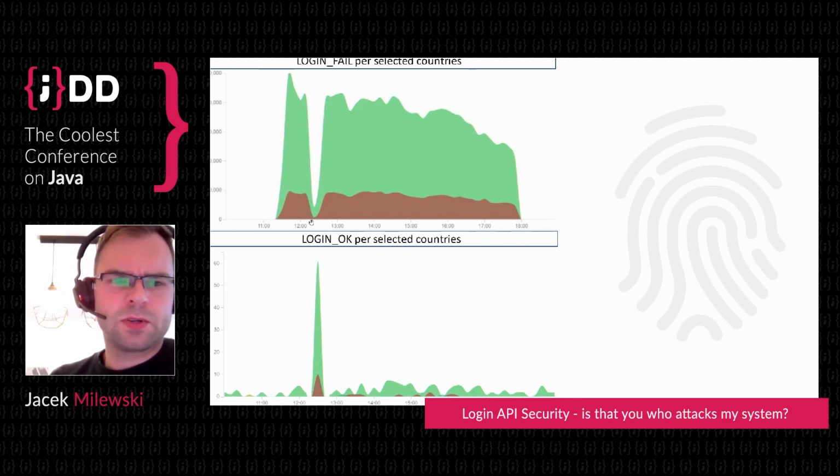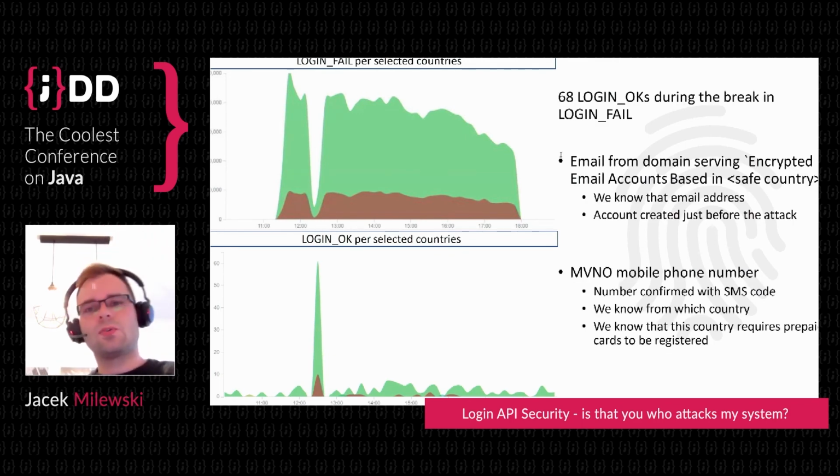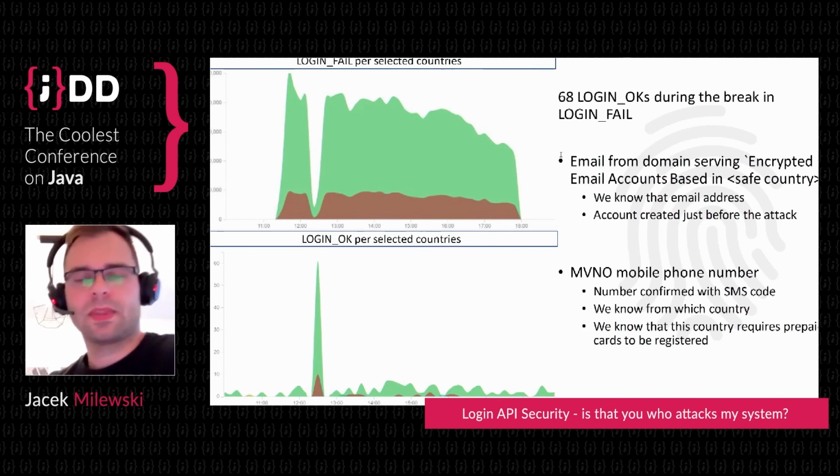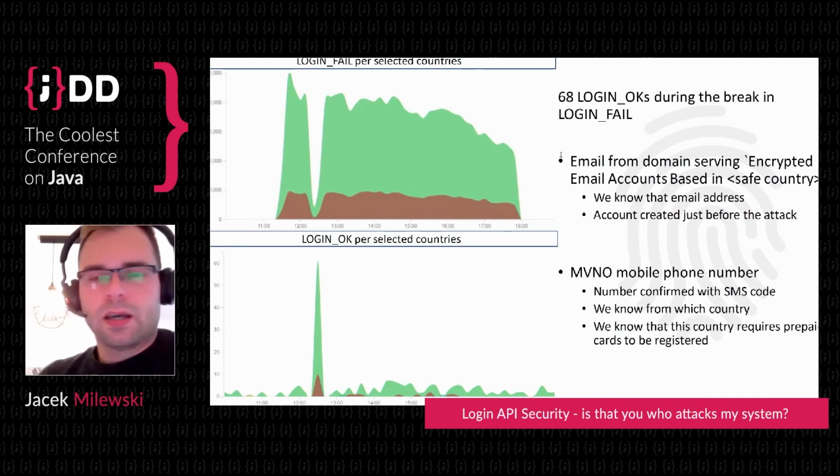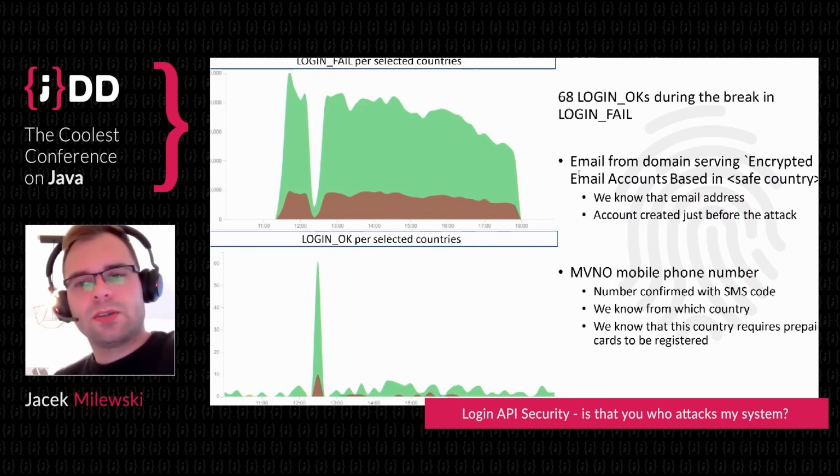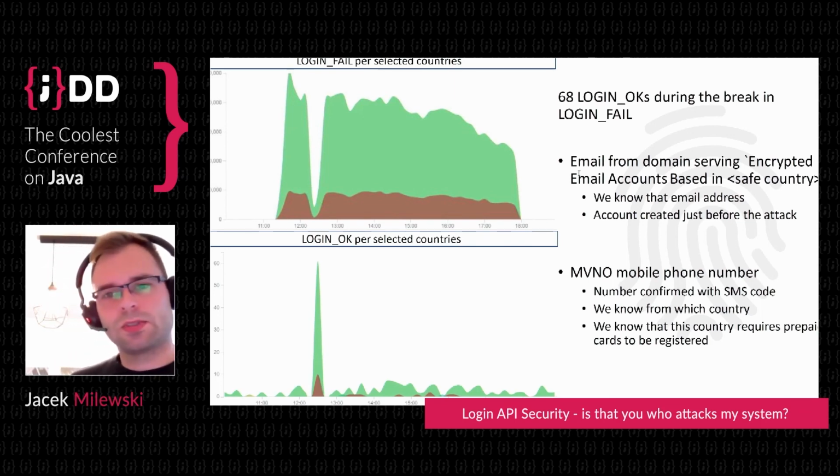You see that during this pause, there are 68 login successes, and then login success has stopped, and again, we have login failures. What happened here? We do have an attack here for sure, and the email that had login success, we checked it, and it was an account created right before the attack.